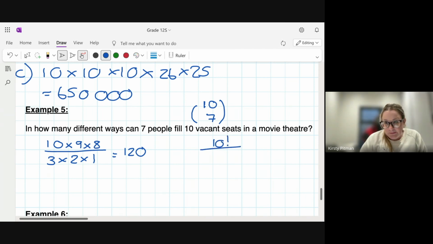And on the bottom, what am I going to have? I'm going to have 7 factorial times my 10 in total minus my 7 that I've already taken factorial. So in other words, 10 factorial over 7 factorial times 3 factorial.